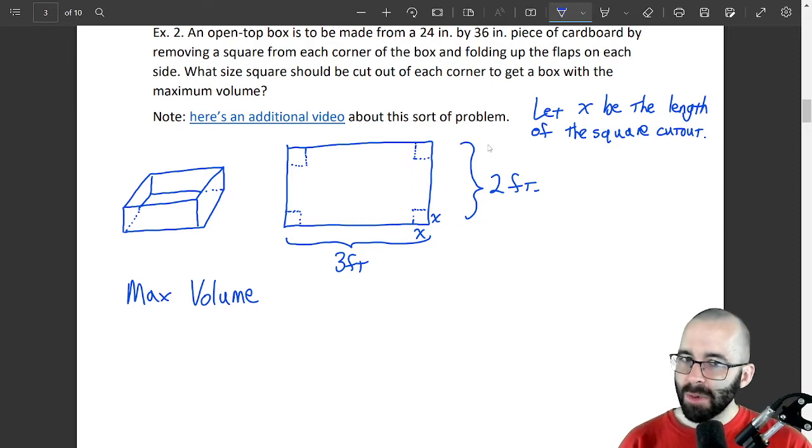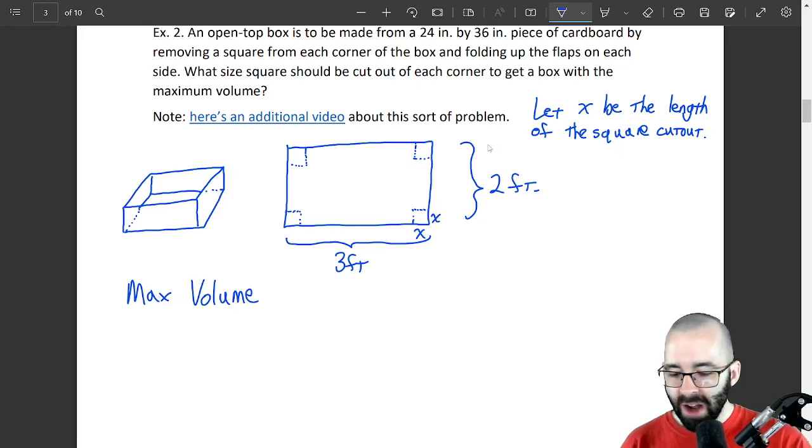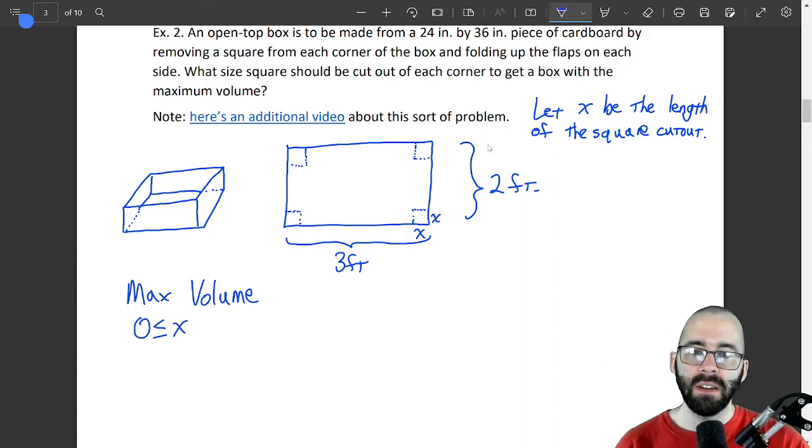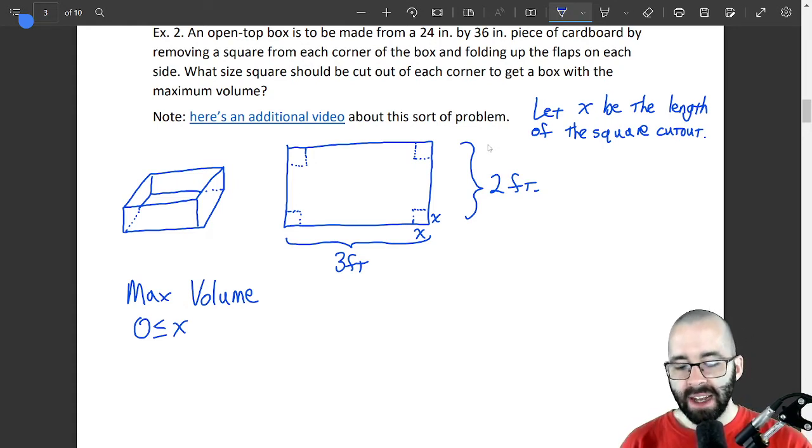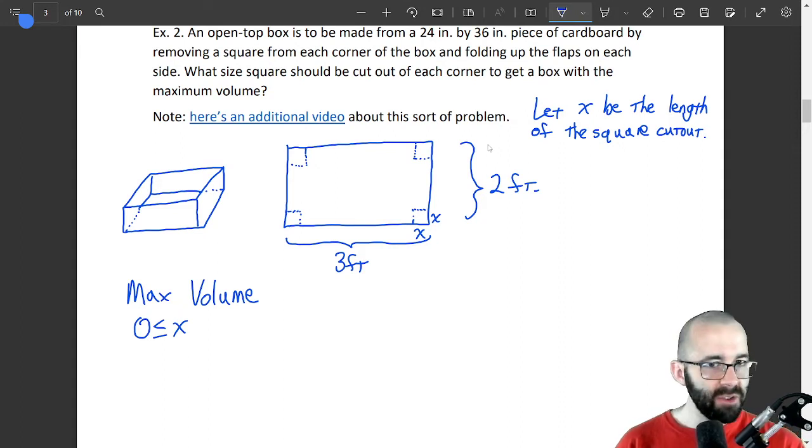Well, it's not super obvious what our domain is for X. So obviously X has to be at least 0. Technically, it can't really be 0, but we're assuming it can be 0. What's the biggest X can be? And you might say 2 feet. But remember that we're cutting out this square on both sides.